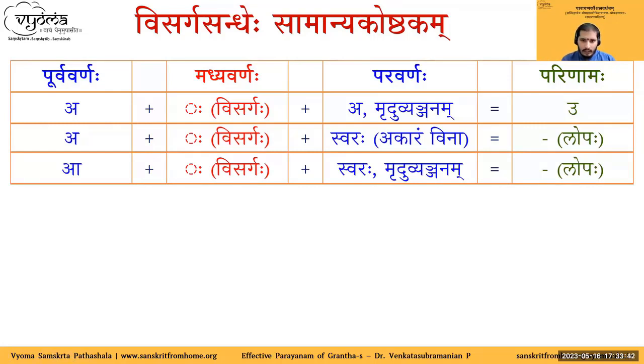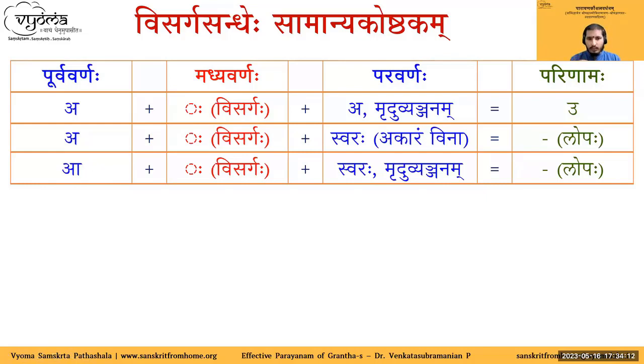We'll see that later, because there are 2 or 3 subtypes. Right? So now we'll see purvarna A. Now if we take A as the purvarna, madhyavarna visarga, paravarna being any swara and any mrudu vyanjana, then also we get the lopa.